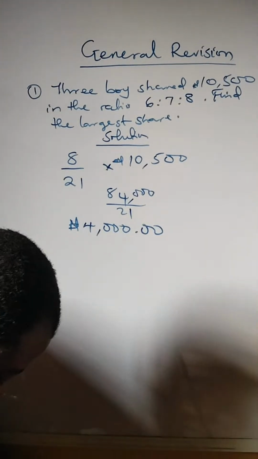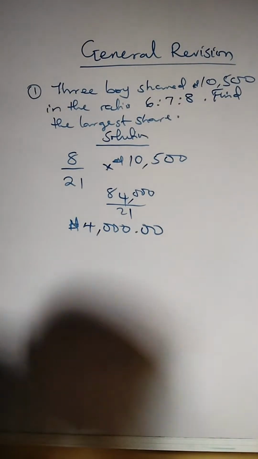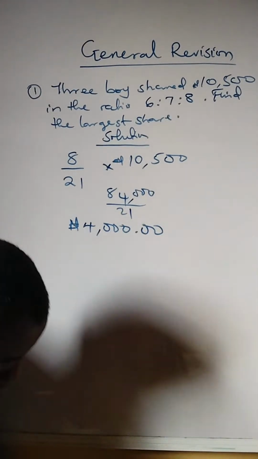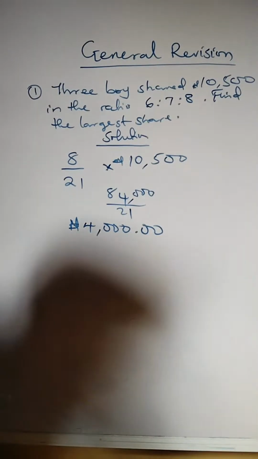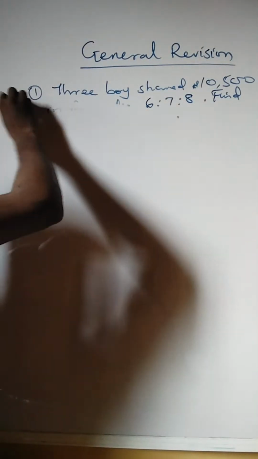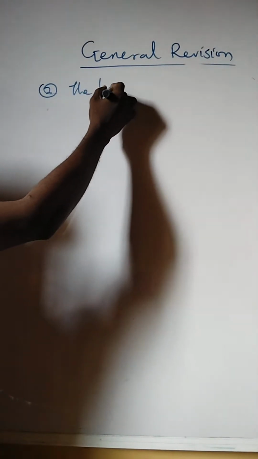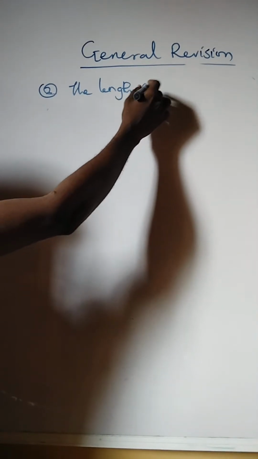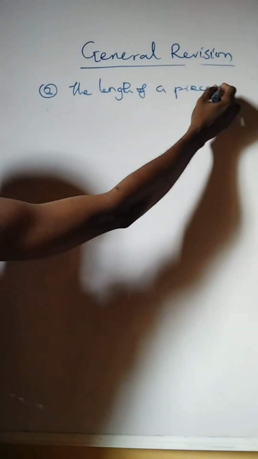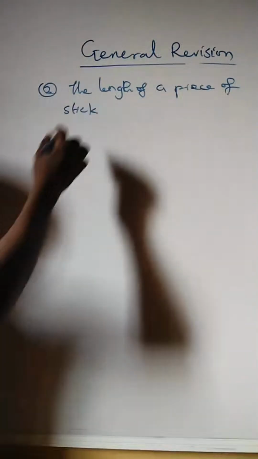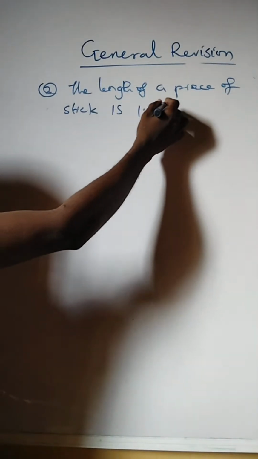And we call this number 2. We are given the length of a piece of stick is 1.75 meter.